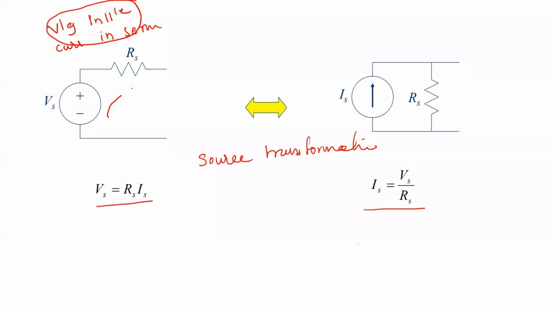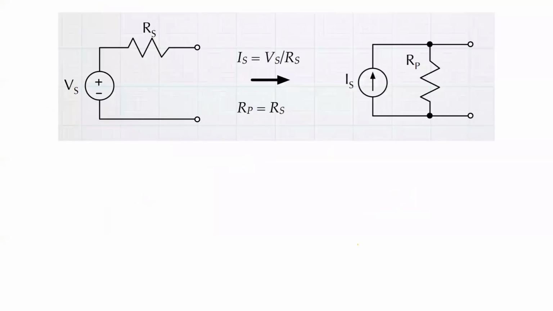A voltage source in series with resistance can be converted into a current source in parallel with the resistance, right? Here, parallel resistance and series resistance are one and the same.